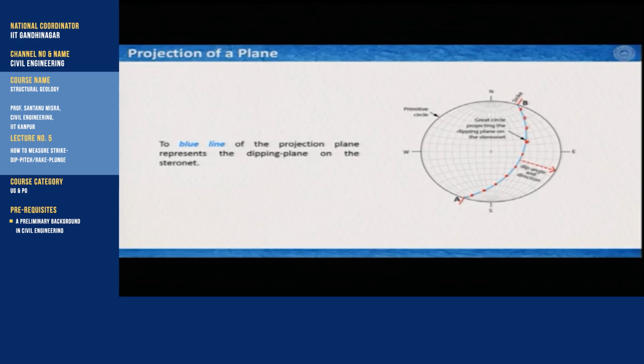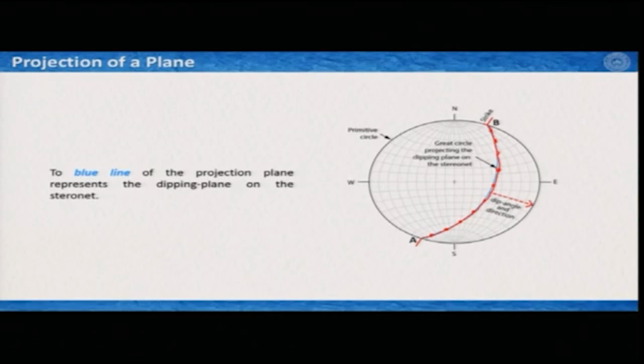We have connected these points through a curve, and this curve is the projection that represents the dipping plane on the stereo net. And the dip angle is this one. How to read and interpret all these features, we will learn later.